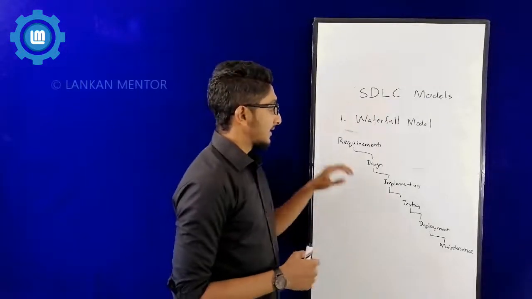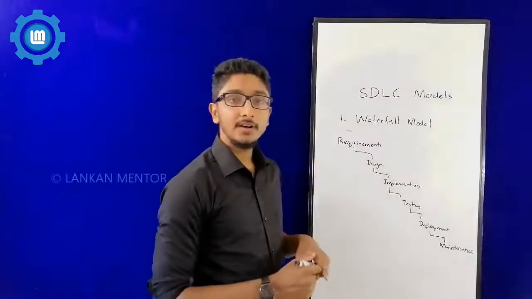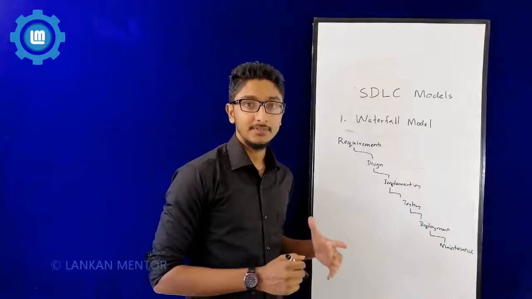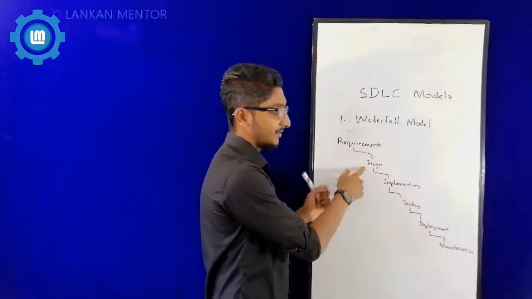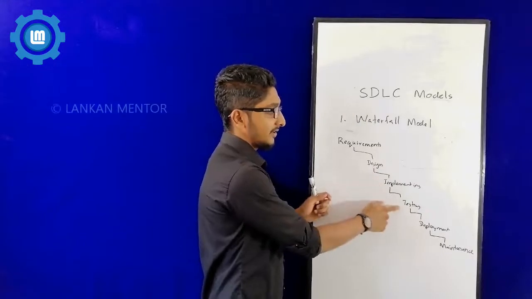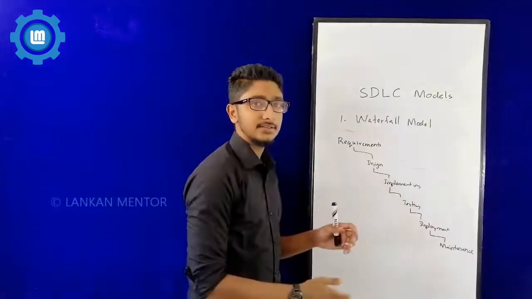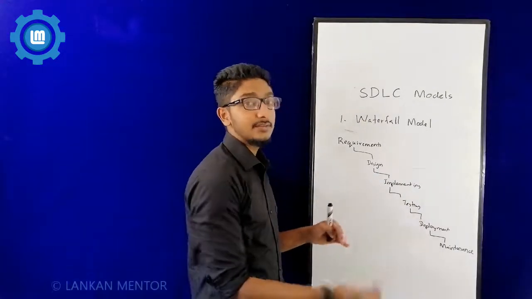This is how a waterfall model looks, which means first you go with requirements and then you design it, implement it, test it, deploy it, maintain it. Now there is no going back.